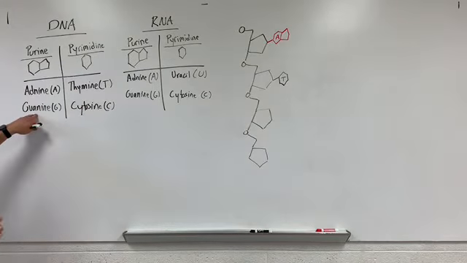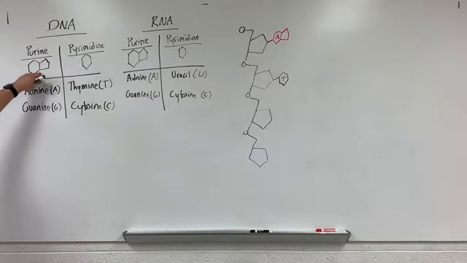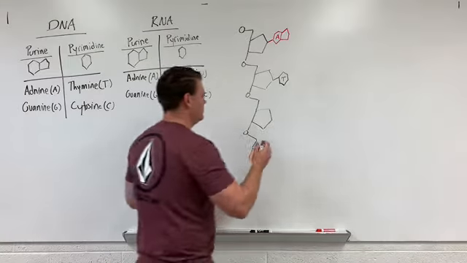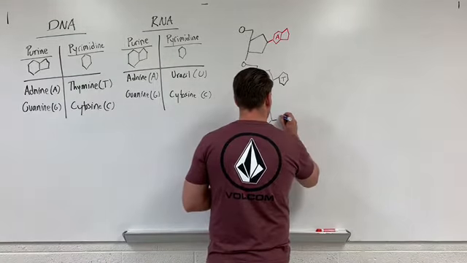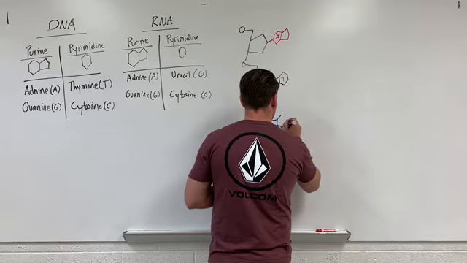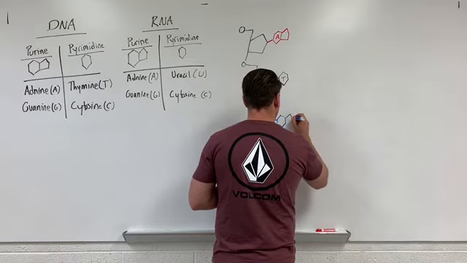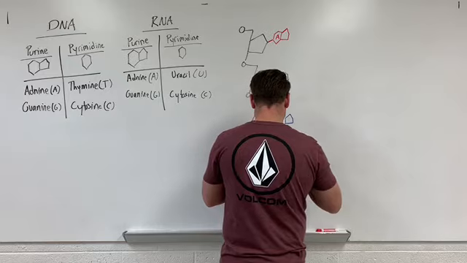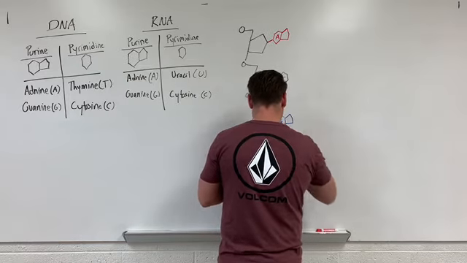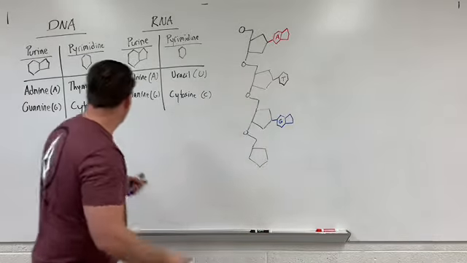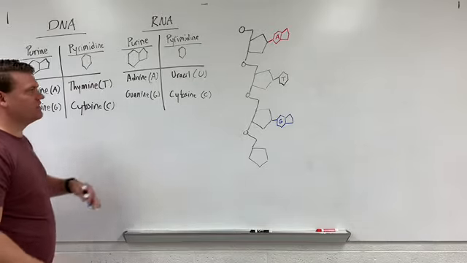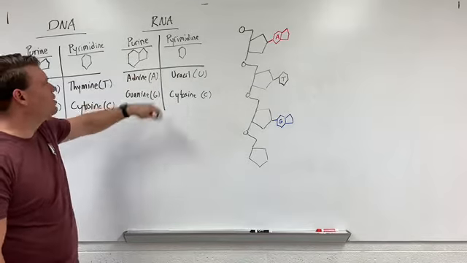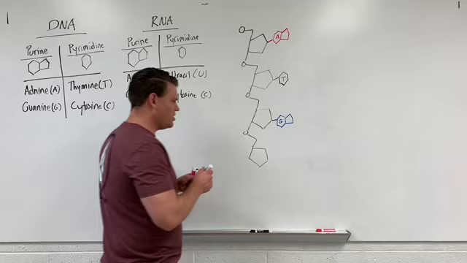And then we're going to do a guanine. Guanine, once again, has a two-ring structure. And then lastly, we'll do our cytosine, because we're making a DNA molecule, so we're not worrying about RNA right now.